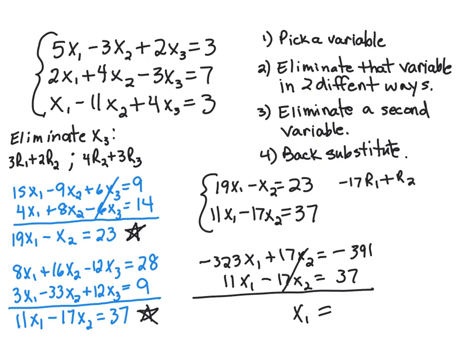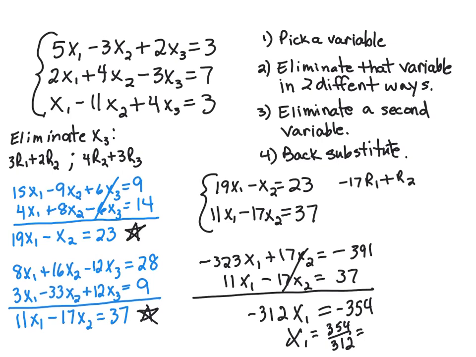Negative 323 minus 11 gives me minus 312, and negative 391 minus 37 gives me minus 354. I might have to erase this entire page. Minus divided by minus is a plus. 354 over 312, and that can be reduced.